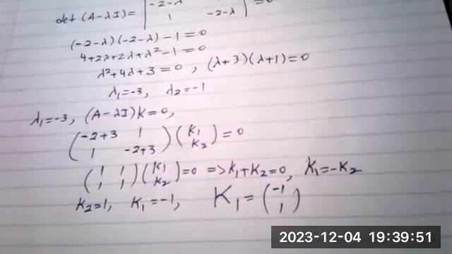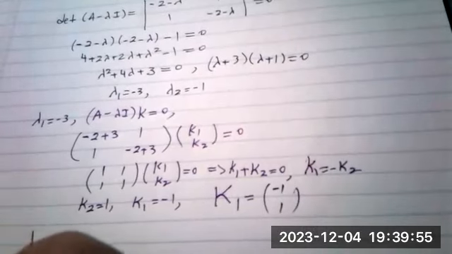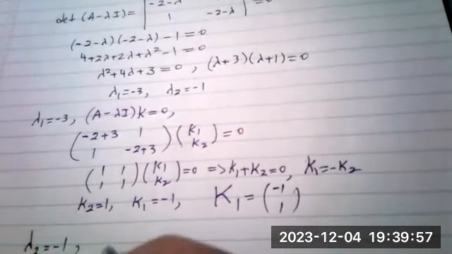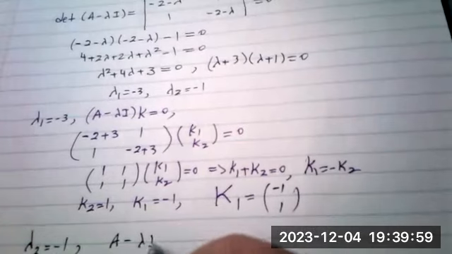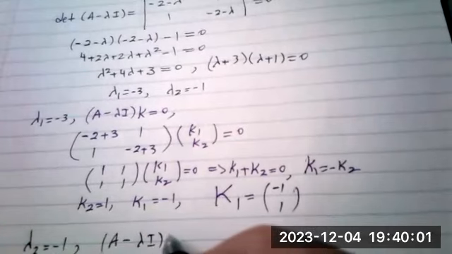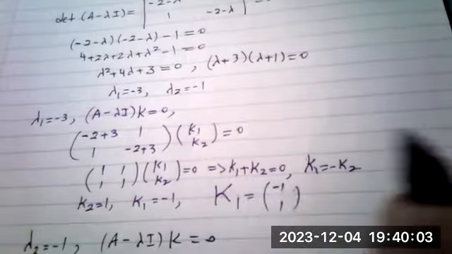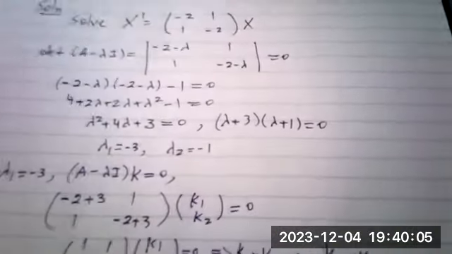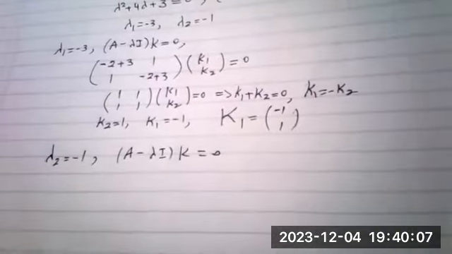Just continue to get the second one. So put lambda 2 equal to -1, and the form (A minus lambda I) times k. Go to the matrix and replace the lambda by -1.